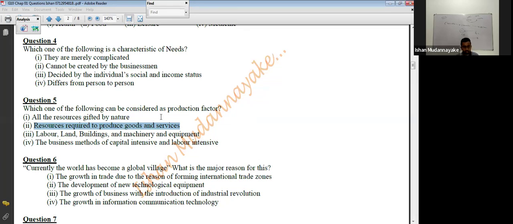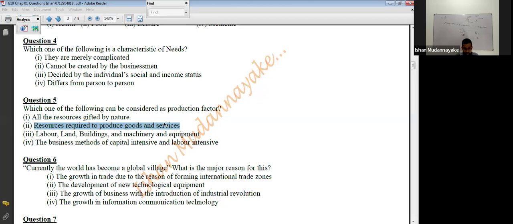Is it clear? Abdullah, is it clear? Dhanuja, clear? Yes. Right, now the third one: labor, land, building, and machinery. No. These belong to factors of production, but that is not the answer. The fourth one, business methods of capital interest, we can't take either.